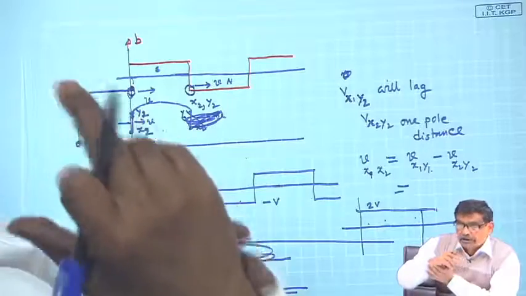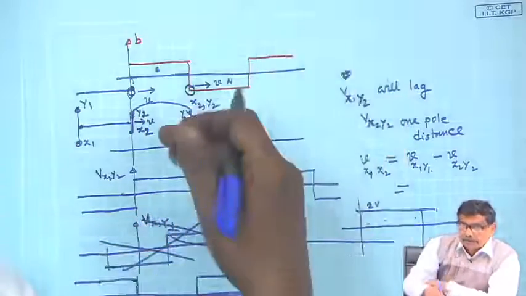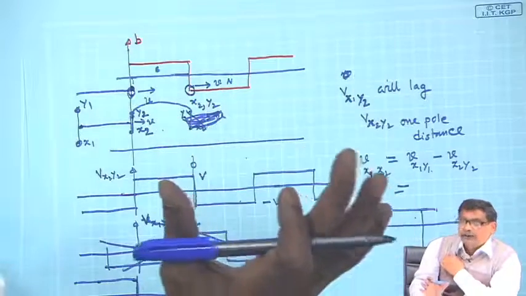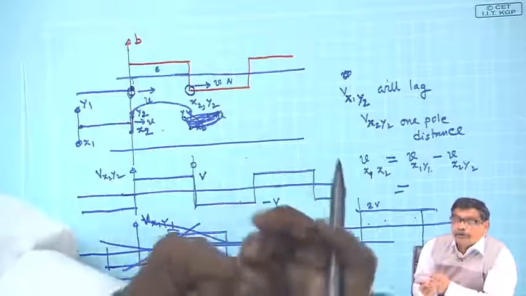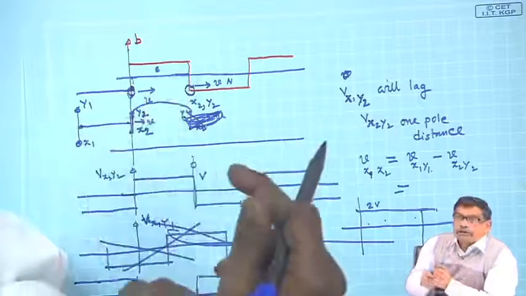And if these two conductors are joined at the back, then you have really formed a coil, and you will get twice the voltage of each of the conductors.